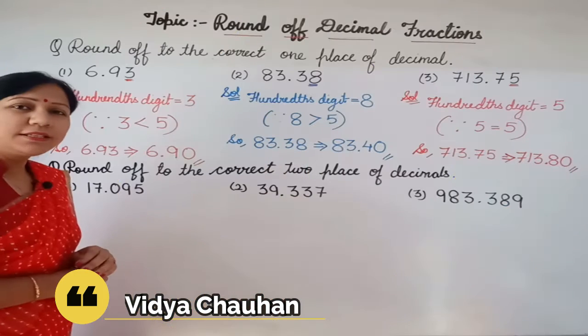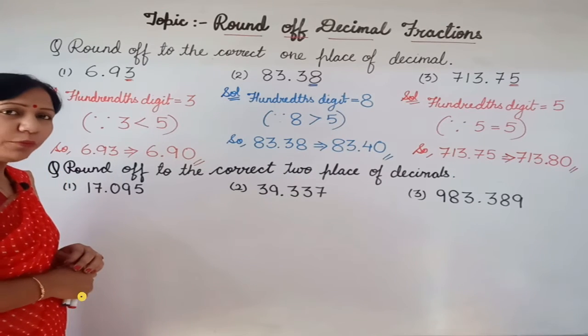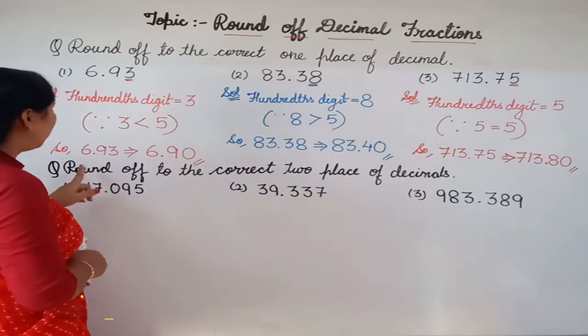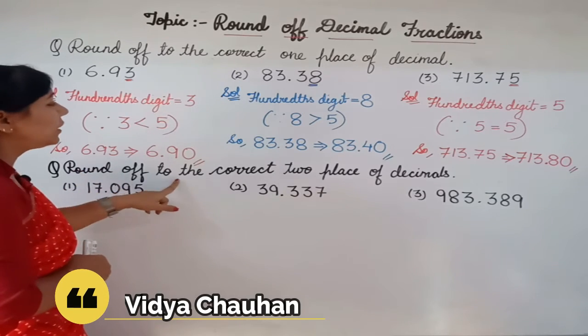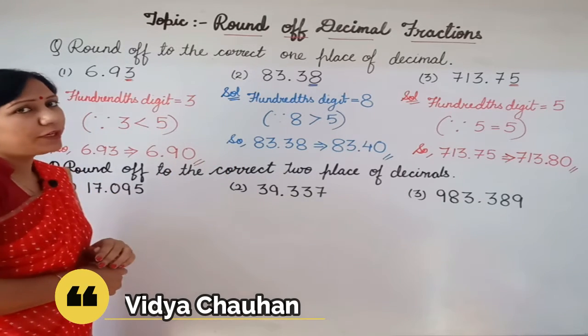Now let us take some examples from your book exercise for better understanding of decimal round off to correct 2 decimal place values. You have to round off to the correct 2 places of decimal.